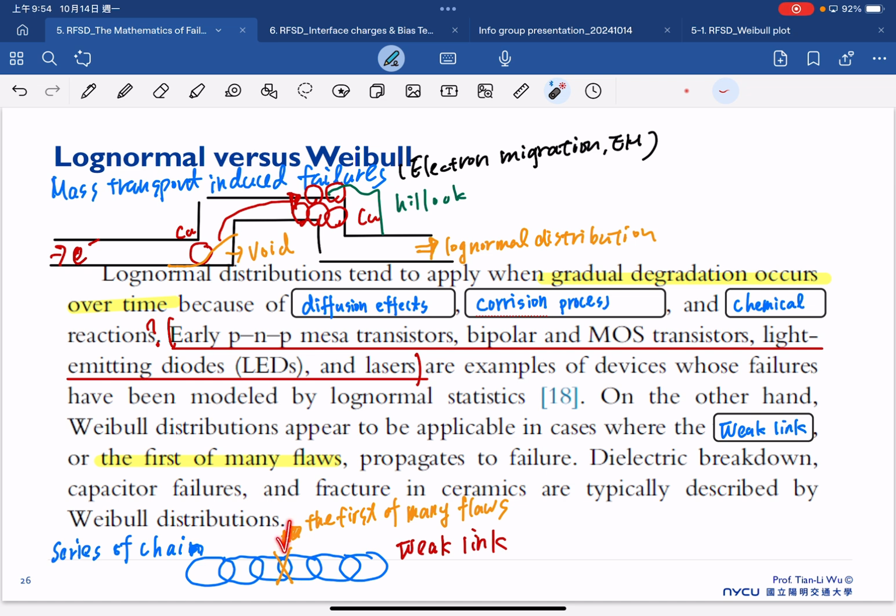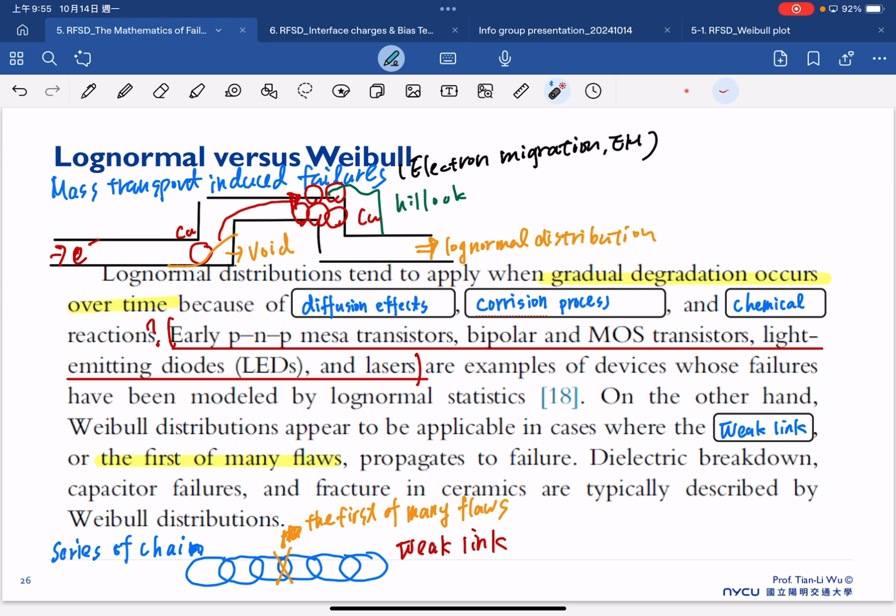If this is a weak place and this is the first place that can fail, once it happens, this whole chain will fail immediately after the first of the flaws. So that's why the Weibull distribution can be applied in the case of the weak link, which is the first of many flaws here.